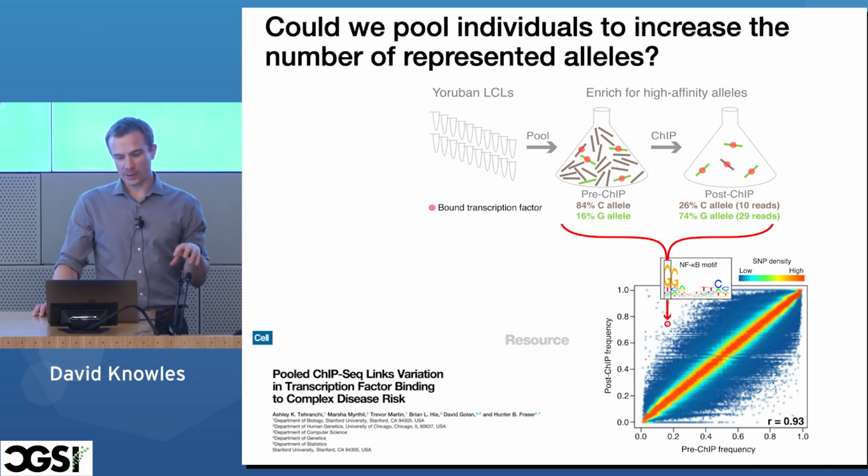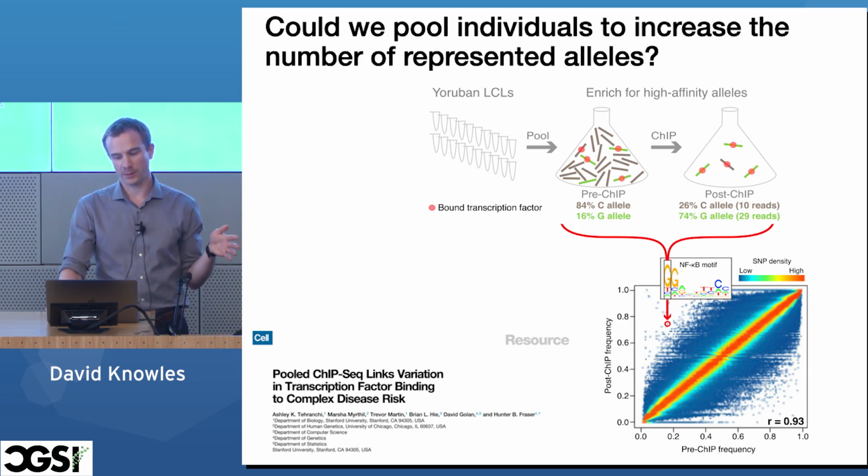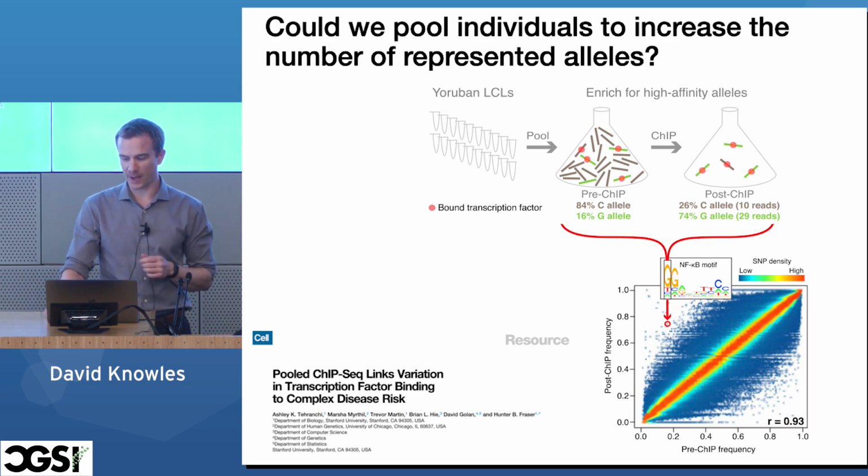So the idea here is, by doing these pooled experiments, you can look at much more genetic variation than if you were looking at a single cell line, but you also get to remove a lot of the technical variation that comes from separately profiling multiple individuals. And especially for things like transcription factor binding or splice factor binding, we expect that most of the time the effects of variants will be relatively local. So looking at allele-specific patterns is very powerful.